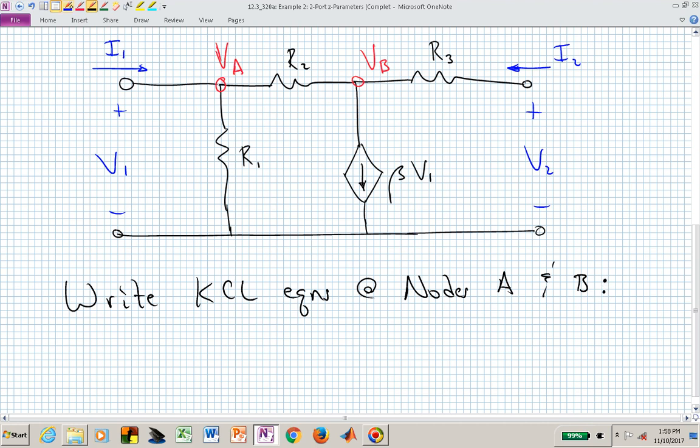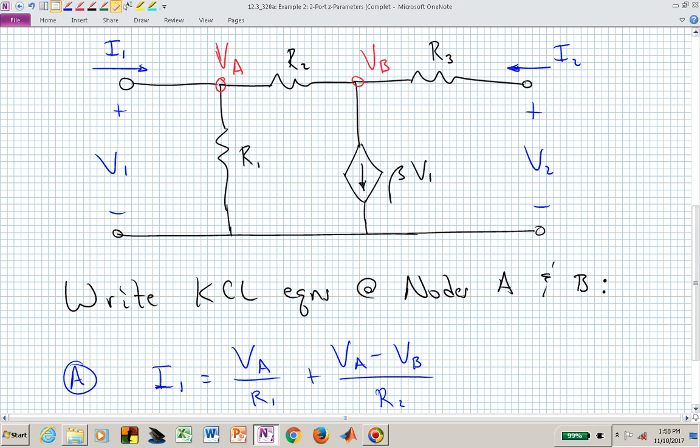If we look at KCL at node A, we have I1 coming in from the left, and that's equal to the current going down through R sub 1, which is V sub A over R sub 1, plus the current going from left to right through R sub 2, which is defined by the voltage dropped across R2 from left to right, V sub A minus V sub B over R sub 2.